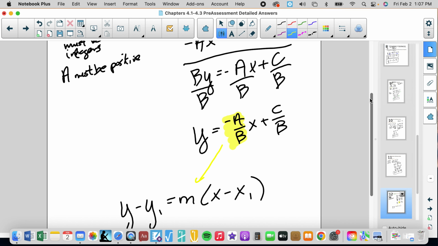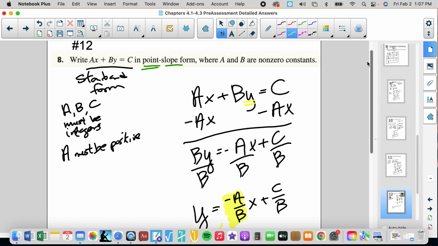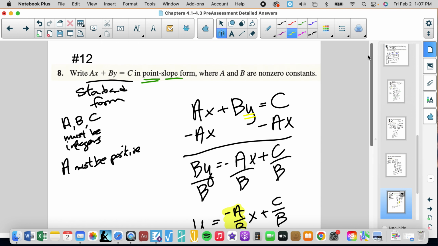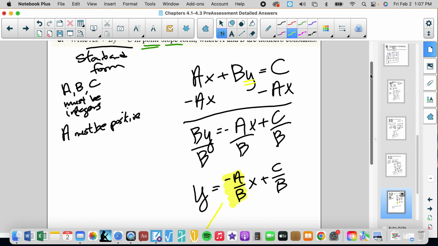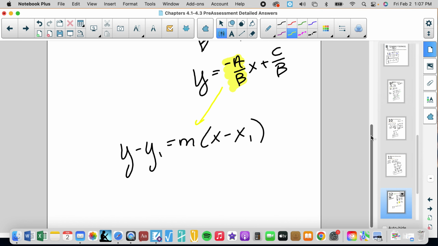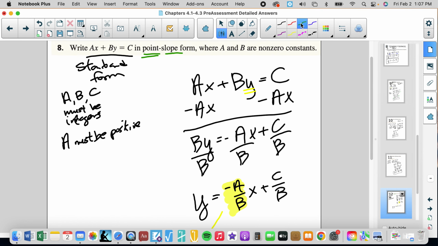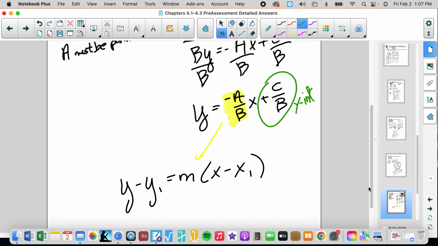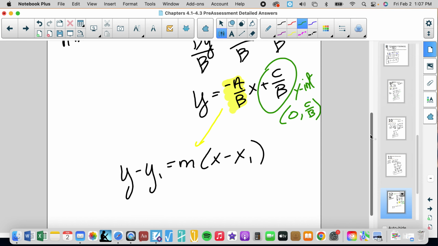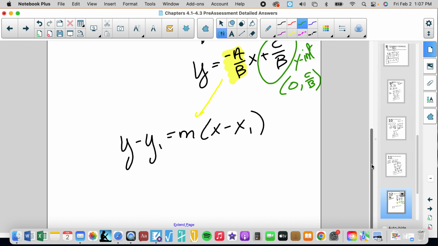And then they say pick a point. Well, I don't really have a point. I only have x and y. But you do have a point, and this is where they get a little sneaky. We have this as the y-intercept. We know what the y-intercept coordinate is going to be: 0 for x, and C divided by B is going to be my y value at that point. So they wanted you to fill that in.